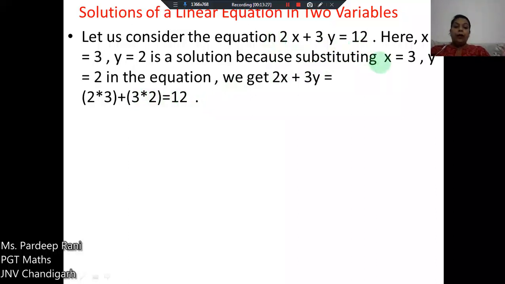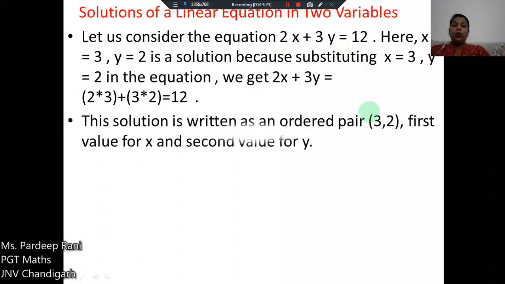So the pair 3 comma 2, where the first value represents x and the second value represents y, this ordered pair 3 comma 2 gives us a solution of the linear equation in two variables.